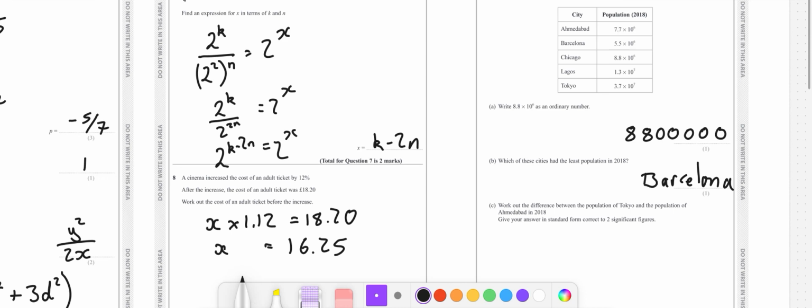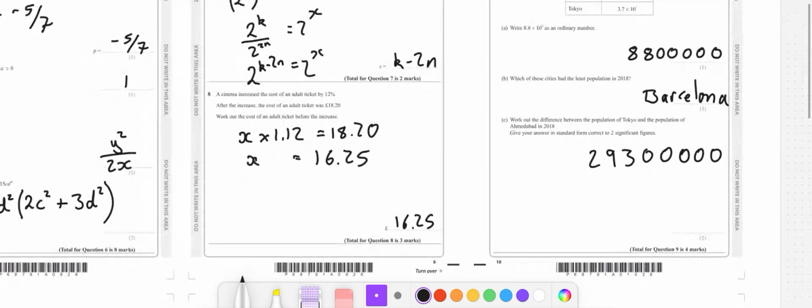So the calculator gives 29,300,000, which in standard form is 2.93 times 10 to the power 1, 2, 3, 4, 5, 6, 7. There we go. Okay, row 1 done.